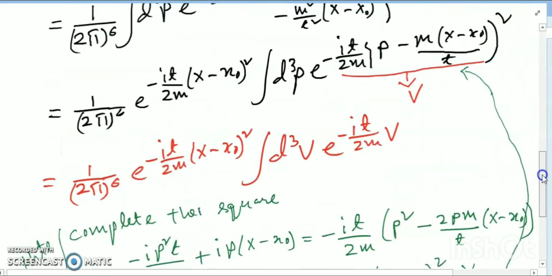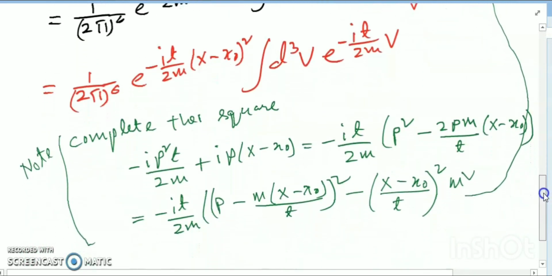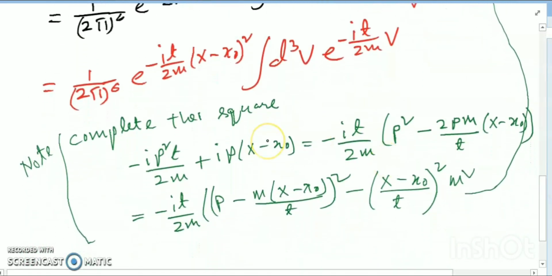Now I have already told you that I used the Gaussian integral. According to the Gaussian integral, b equals it divided by 2m. I have already discussed the Gaussian integral on my channel.